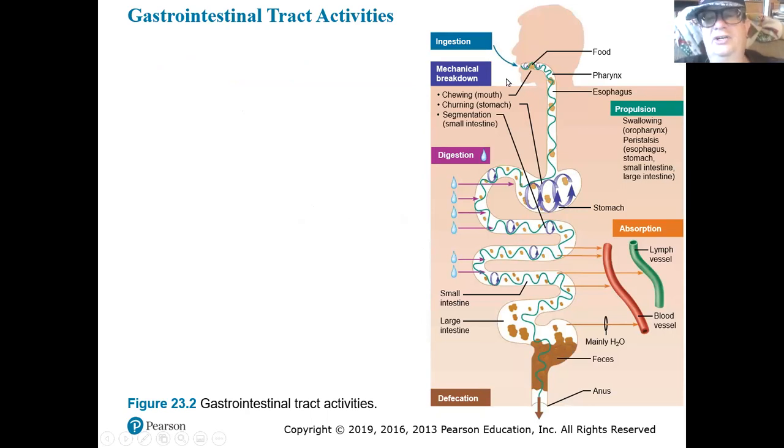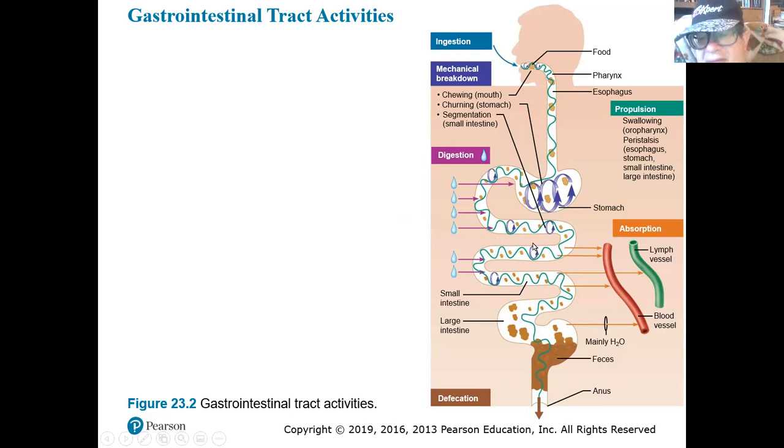And here you can see what happens at what stage. Obviously, ingestion, taking food in, that happens at the mouth. Mechanical breakdown, that also happens in the mouth. It also happens in the stomach, and a little bit it happens in the small intestine. Digestion is going to be happening in the stomach some, but a lot in the small intestine.